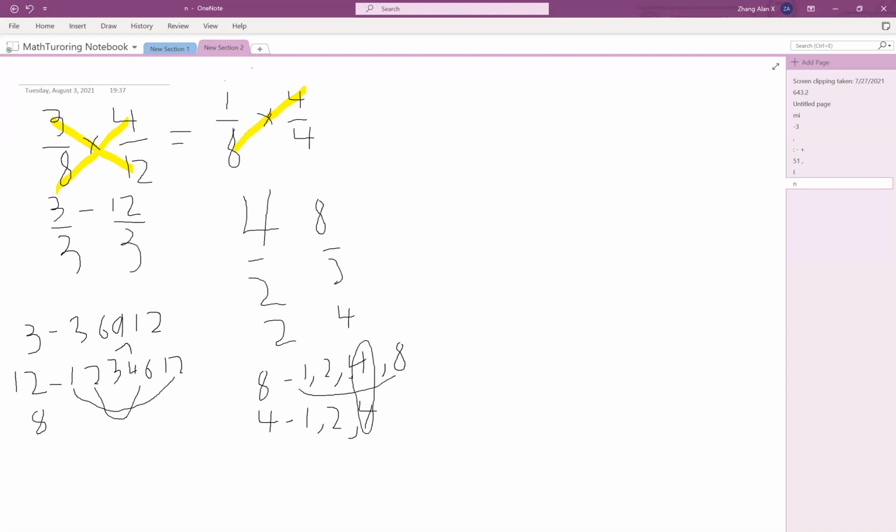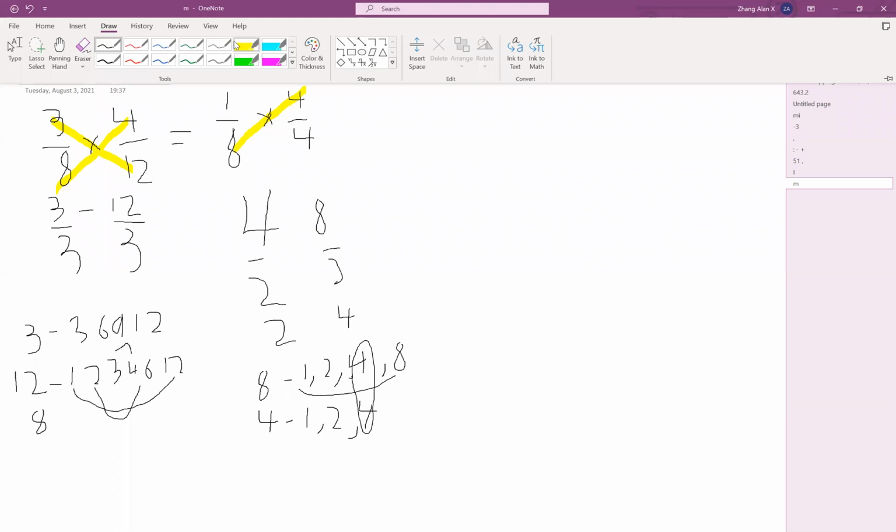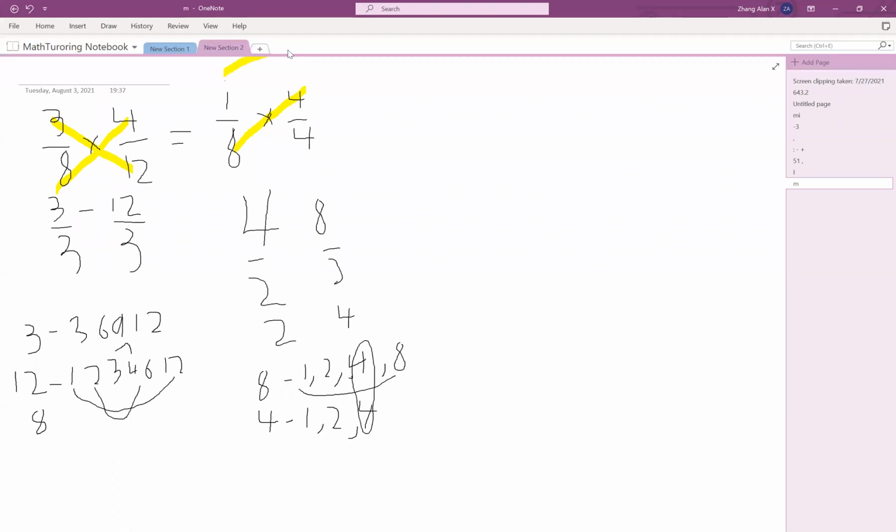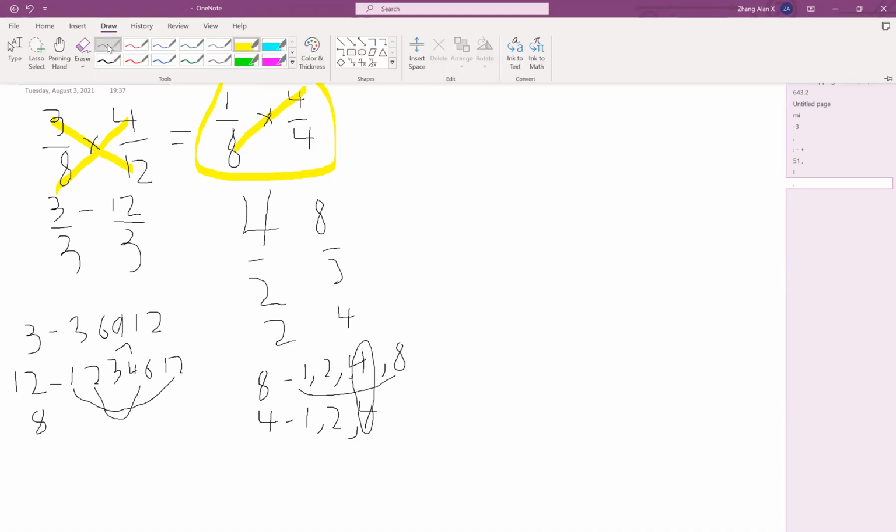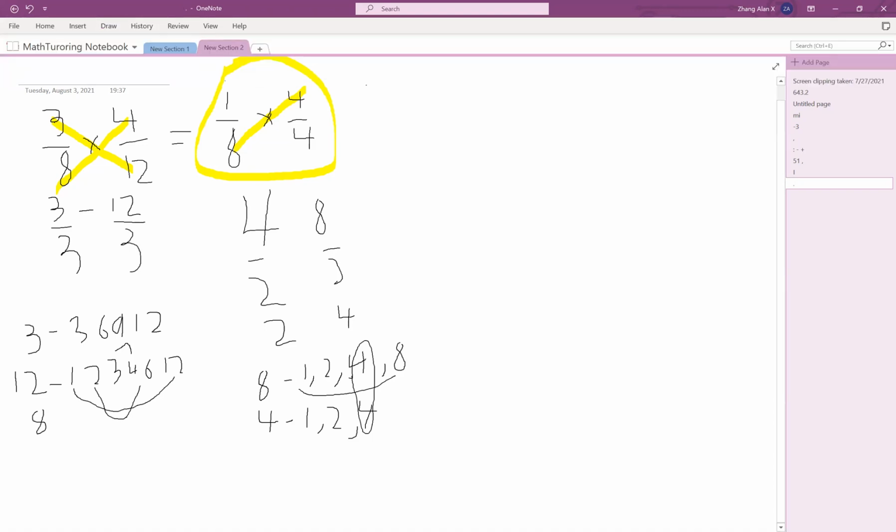So then to simplify up here, how do we simplify 4 and 8 then? By 4. You have to divide both by 4.